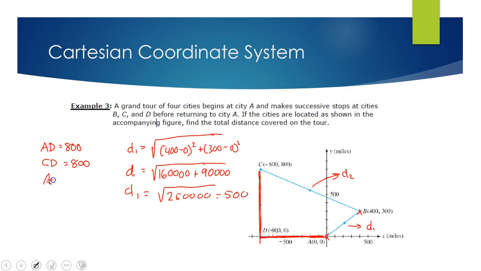So I could say that AB is 500 because that's what D1 was.